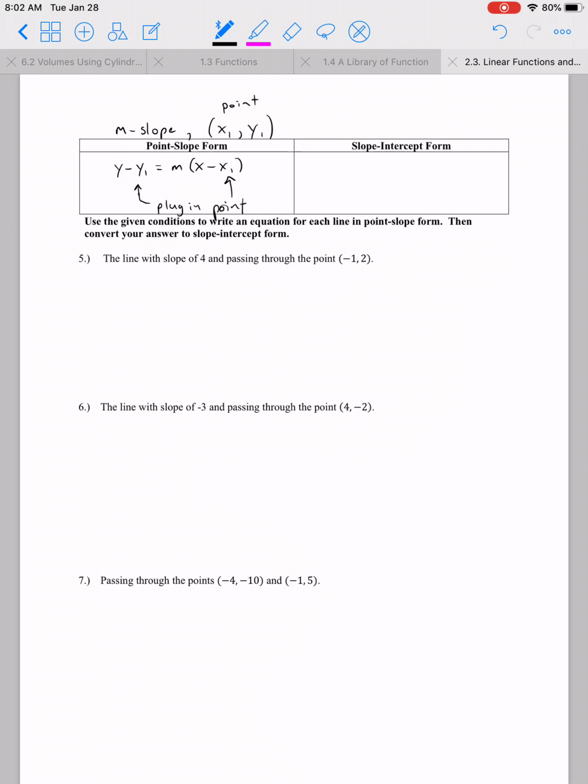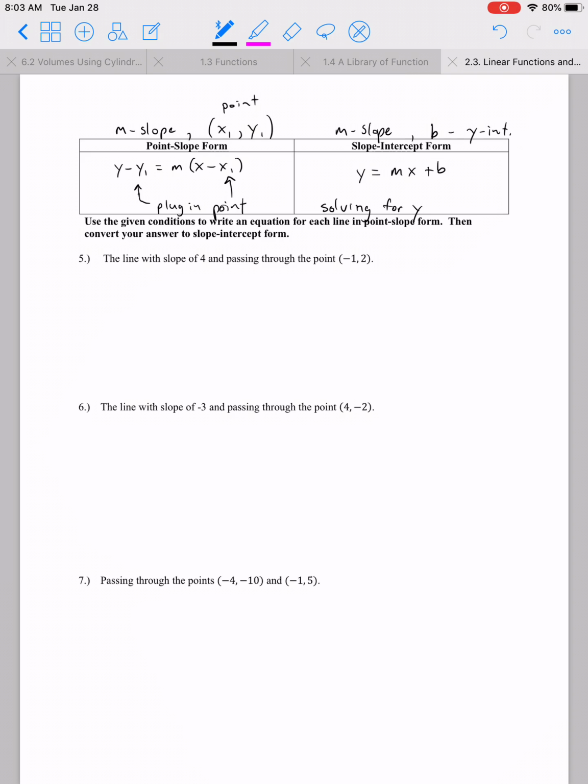Next, if you take that form and you solve it for y, we can actually get a new form called the slope-intercept form, and it will look like this: y equals m times x plus b. And m is still the slope, but b is going to be your y-intercept.